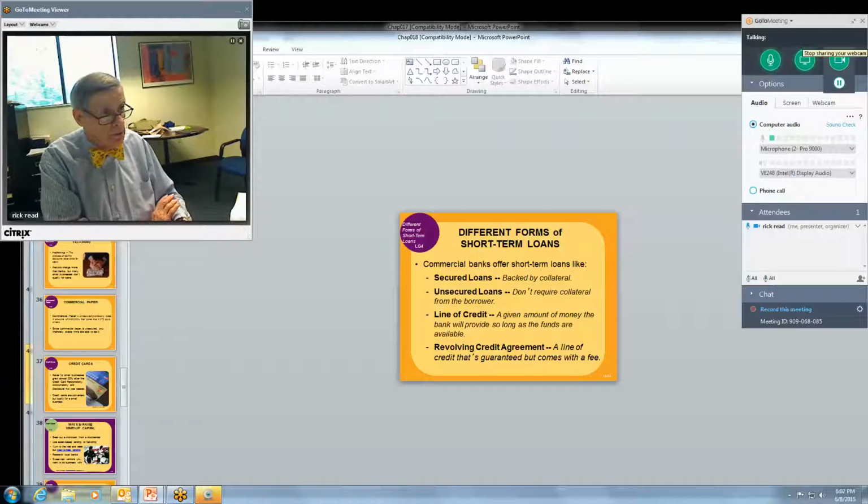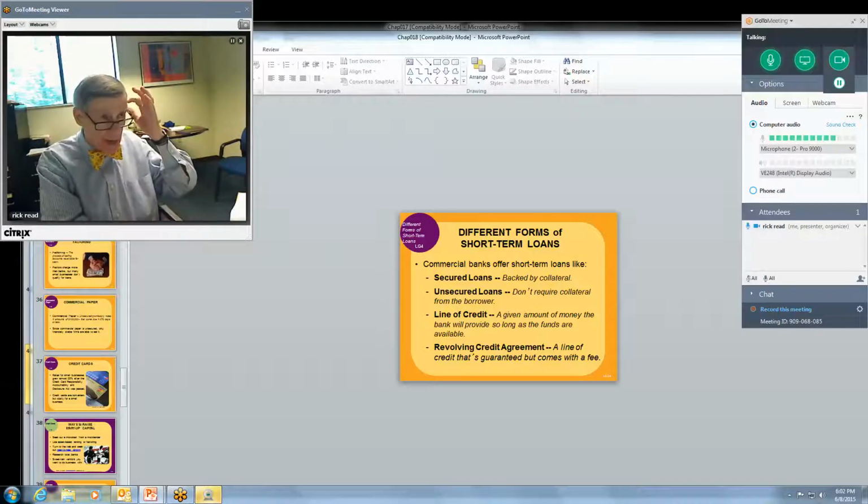Unsecured is just the reverse. Somebody's going to lend you money, and they're not asking for you to put up collateral. Line of credit, that's something you can get from a bank as long as the bank has those funds to make available. And then a line of credit, a revolving credit agreement.